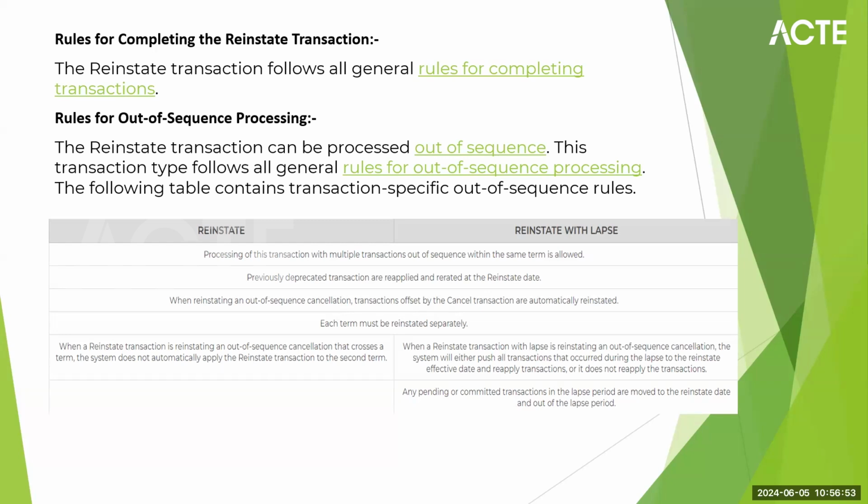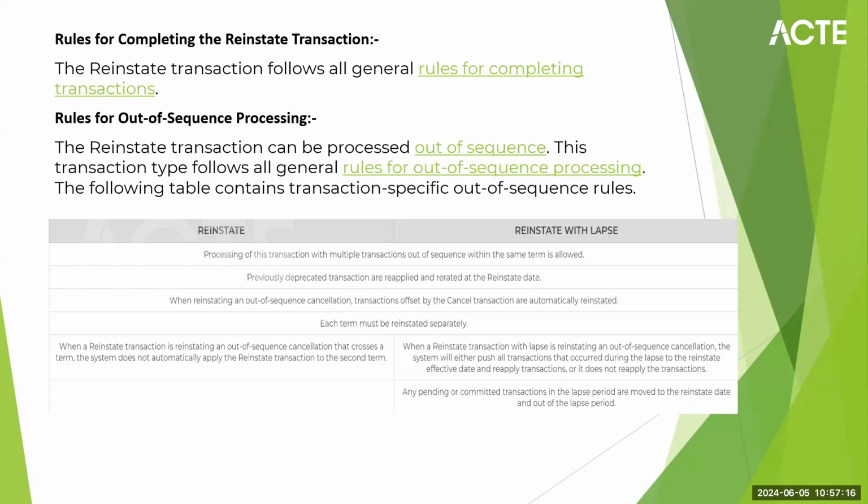Yeah. That's the rule. When a reinstate transaction with lapse is reinstating an out-of-sequence cancellation, the system will either push all the transactions that occurred during the lapse to the reinstate effective date and reapply them, or not reapply them. Suppose you are doing the reinstate with lapse, the policy term date should be within itself.